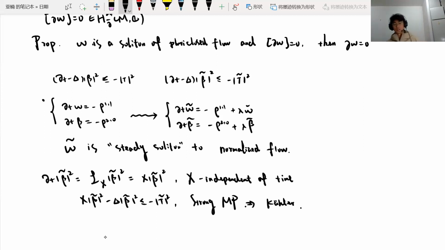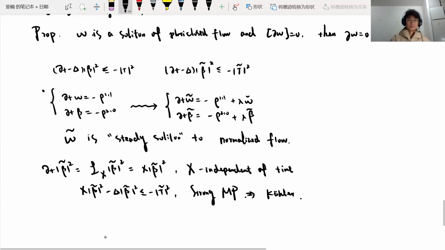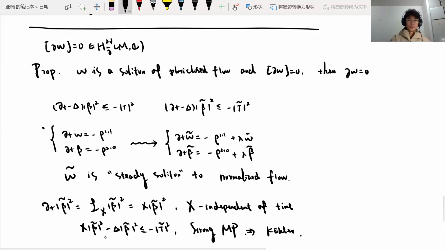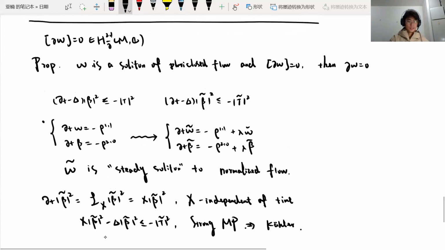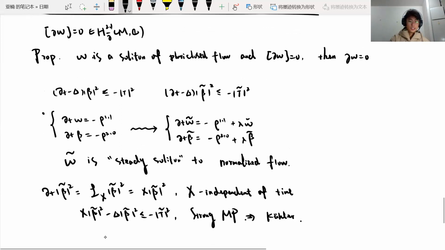This is just a slight adjustment to Streets's proof. Actually, we have known this result, but we have known it using different methods.